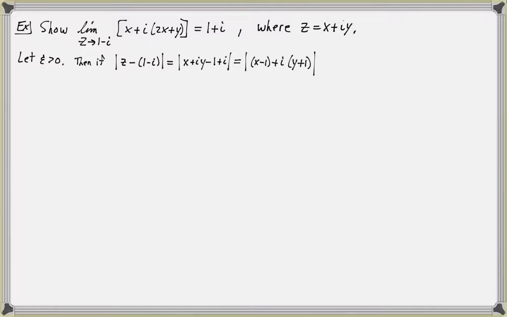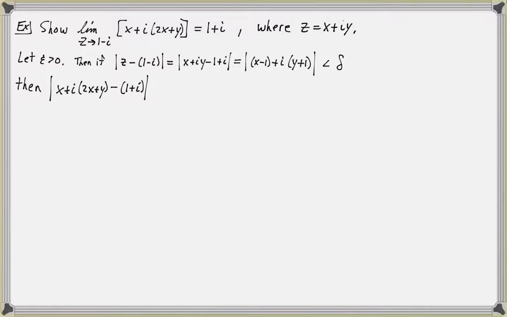So this is z minus 1 minus i, and this will have to be less than delta. Then let's look at the distance from x plus i times the quantity 2x plus y to 1 plus i. So we have the absolute value of x plus i times 2x plus y minus 1 plus i. And we're going to want to bound this by epsilon, and that'll help us choose what our delta will be.